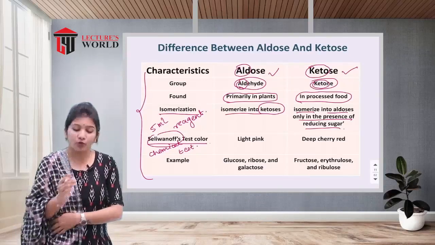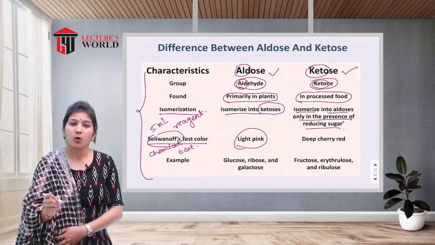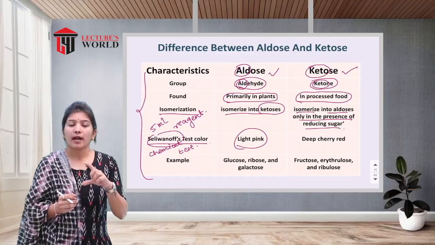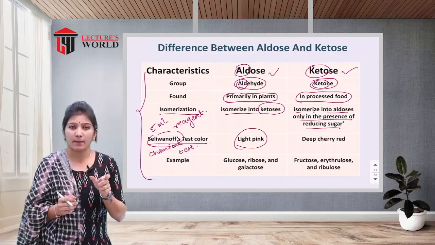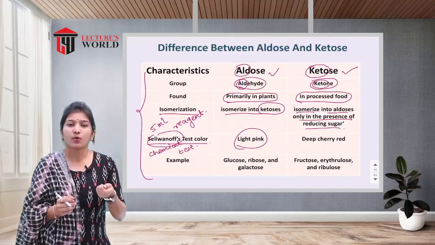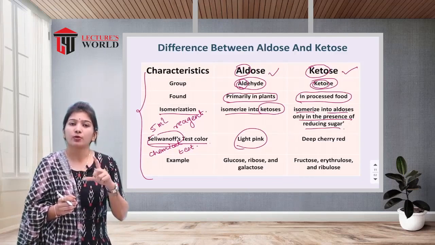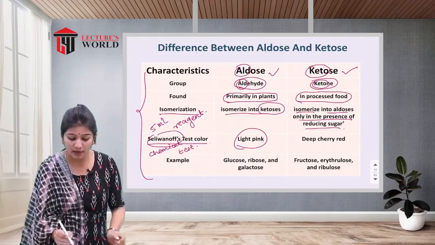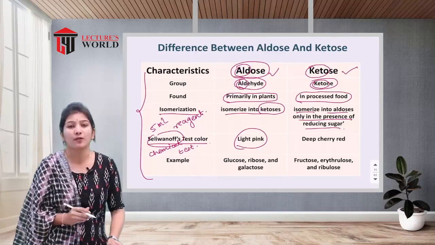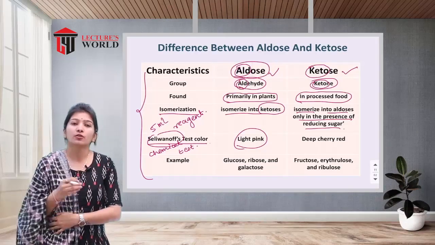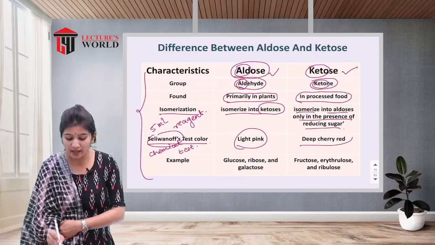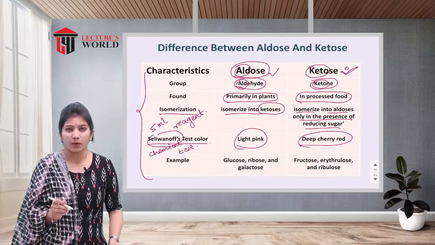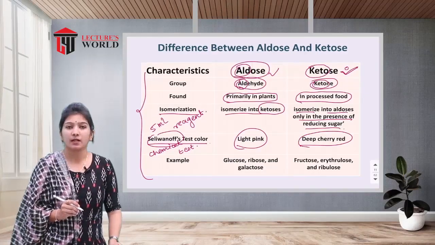If the color of that solution becomes light pink, that suggests that the sample is aldose. And if the solution color changes into deep cherry red, this color suggests that the sample is ketose. So that is the Seliwanoff test color.